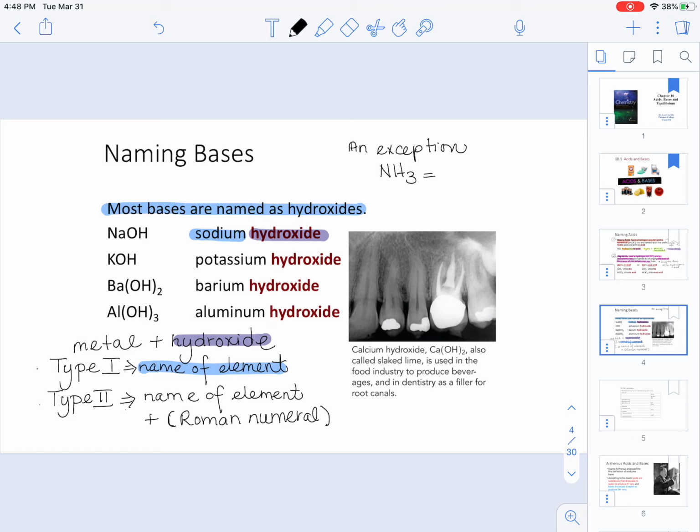NH3 is a base. And when it comes to its name, because it doesn't have hydroxide, we're not going to include it in its name. From the common names of the covalent compounds, you know that NH3 is ammonia. That's pretty much the only base in this class that does not contain hydroxide.